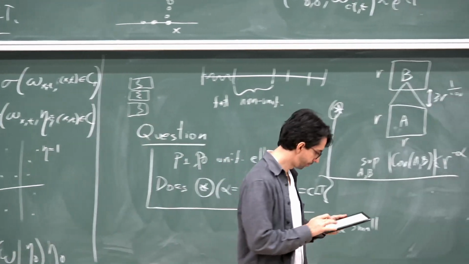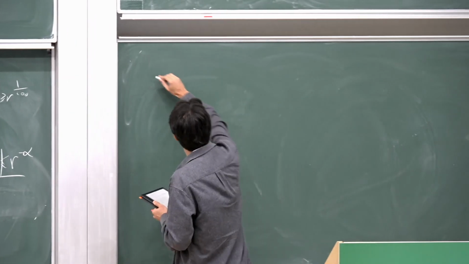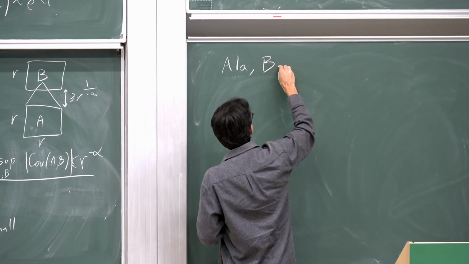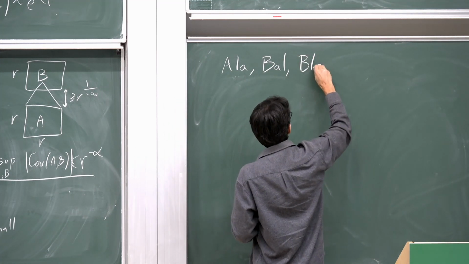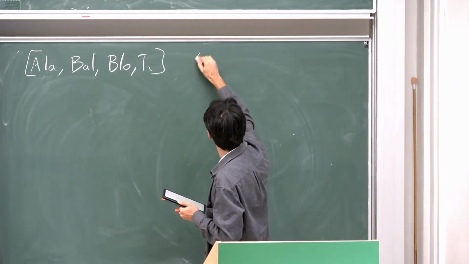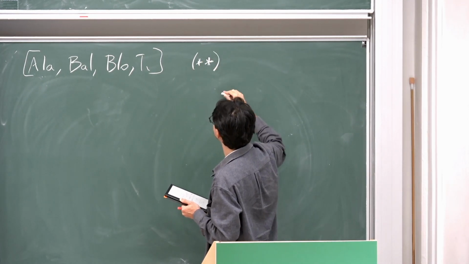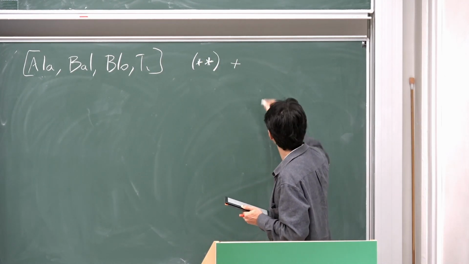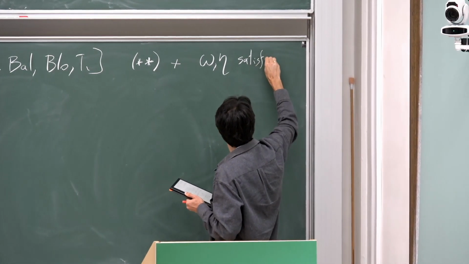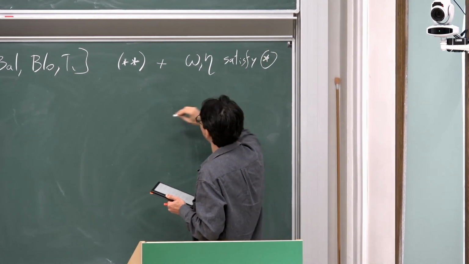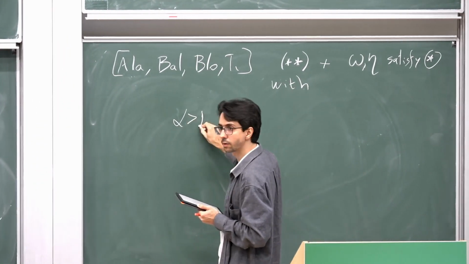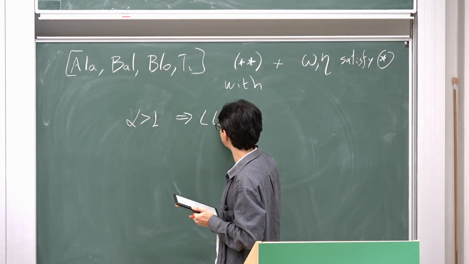And then the theorem is that under, so suppose that double star holds, and also that both omega and eta satisfy star with alpha bigger than 1. Then we have law of large numbers.